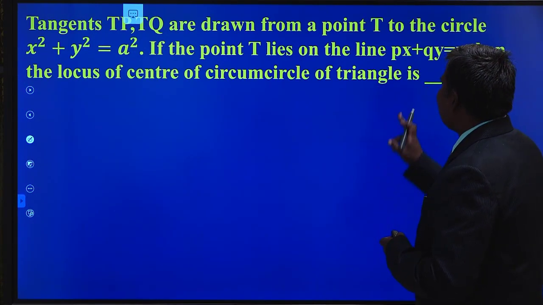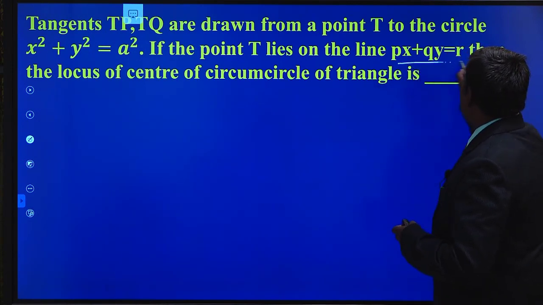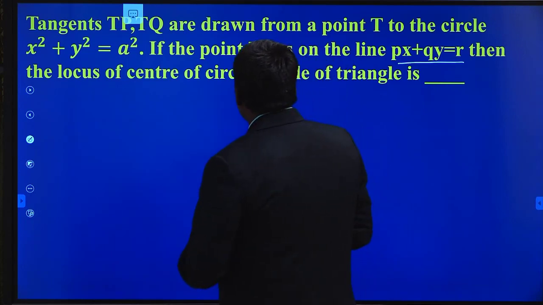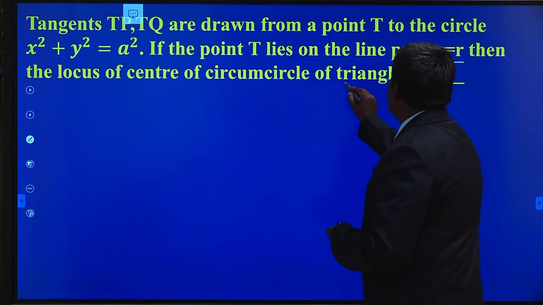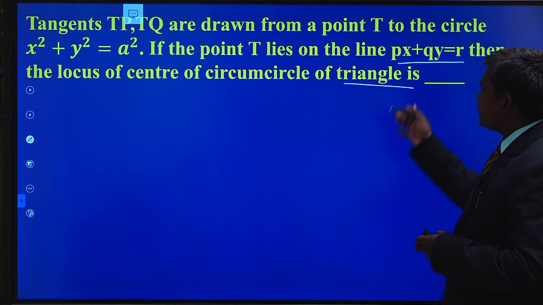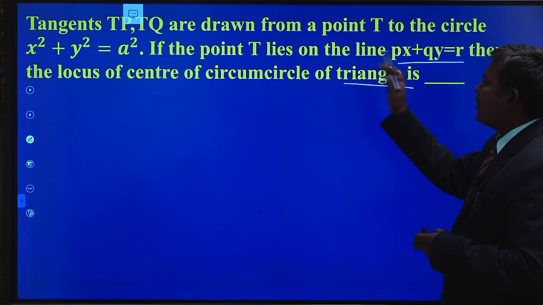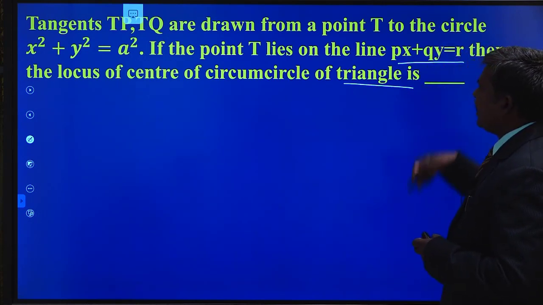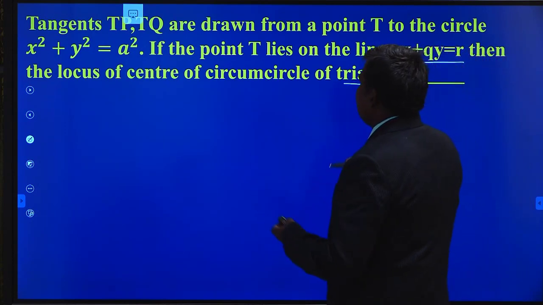If the point T lies on the line Px + Qy = R, then the locus of the center of the circumcircle of the triangle is what? That is the question. The triangle is formed by the three lines TP, TQ and the line joining PQ. Triangle, what is that? TPQ.